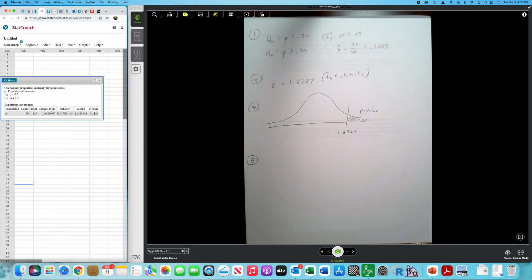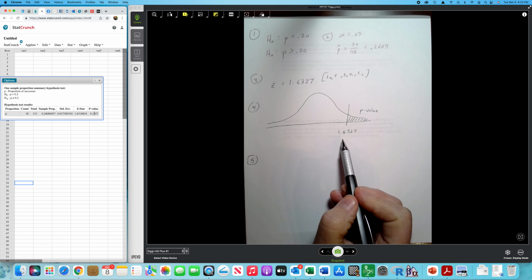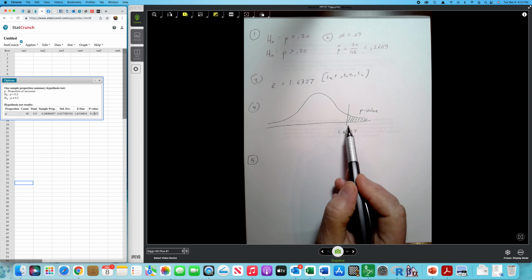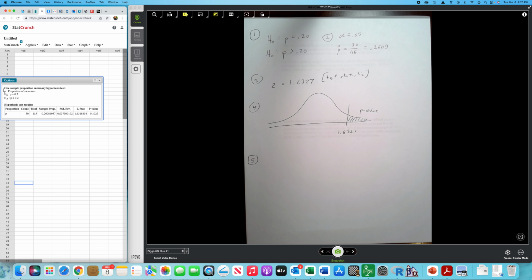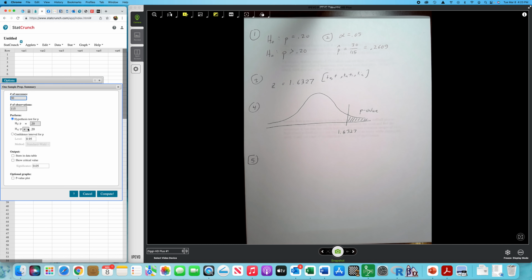Again, not to be confused with the Z critical value, two different things. But with my test statistic and my sampling distribution, the p-value is going to be the area to the right. In fact, all I have to do is come up here and go edit and just go to the right.